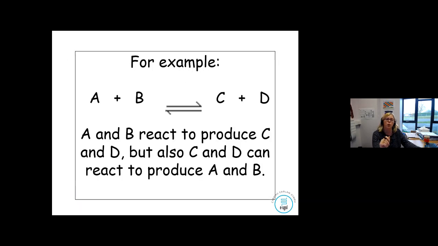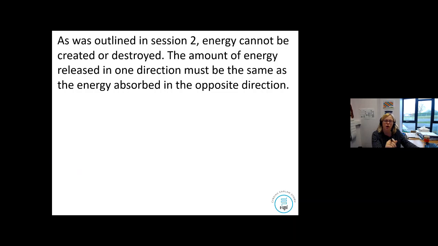What I said in that session, and hopefully made clear to you, is that energy can't be created nor destroyed. So the amount of energy released in one direction is exactly the same as the energy absorbed in the opposite direction. To put it into the context of that evening two weeks ago, breaking a bond is an endothermic process, so it requires the input of energy to break it apart.